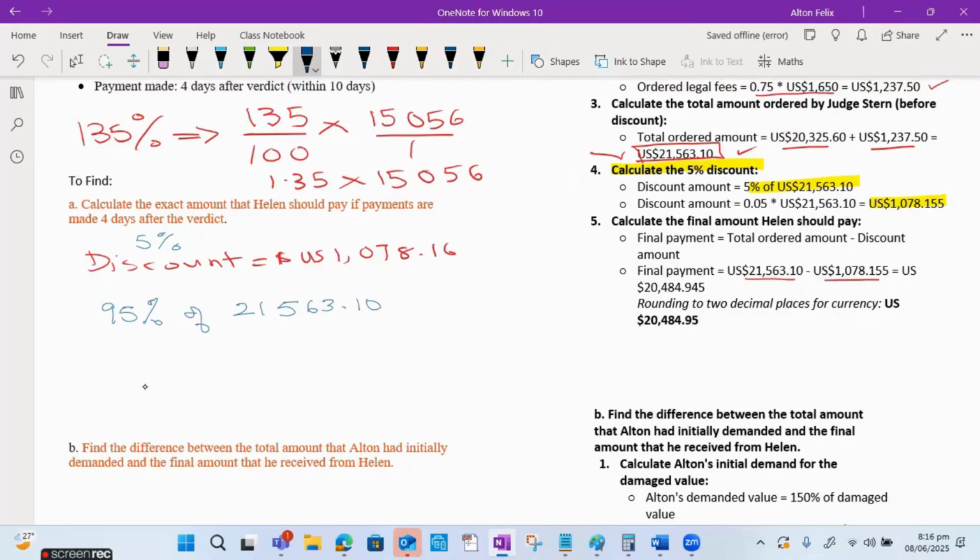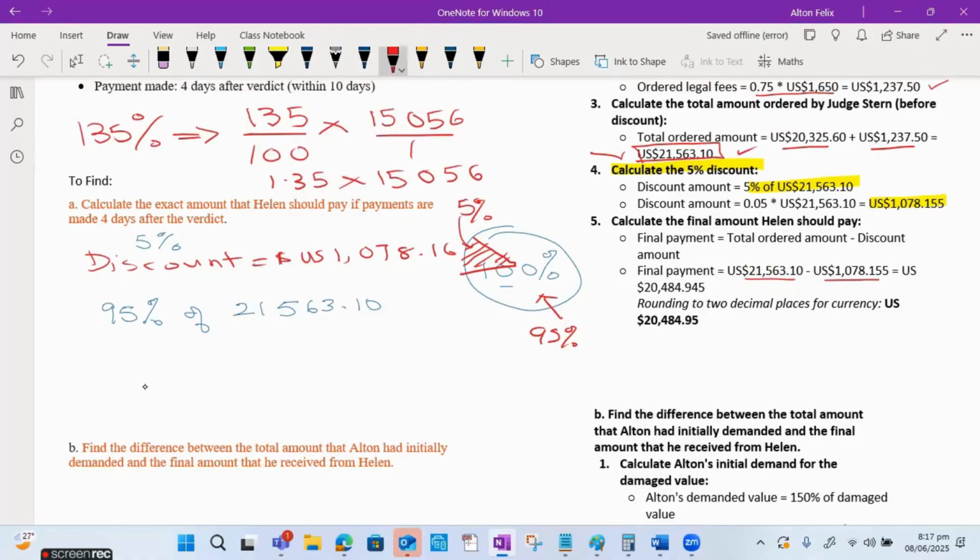Why 95%? Because remember, 100% is always considered the whole. And out of that 100%, Judge Turner has allowed a 5% discount. So if this part is 5% and the whole is 100%, think of it like a pizza, then the remaining portion here must be 95%. And that is what Helen is responsible for paying.